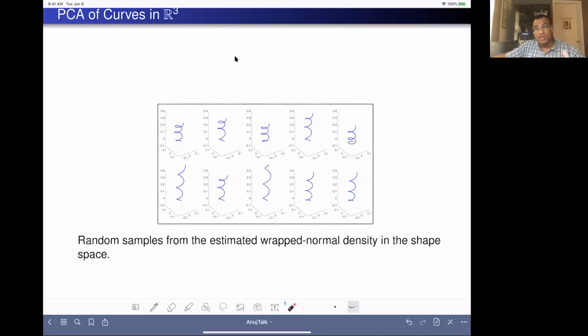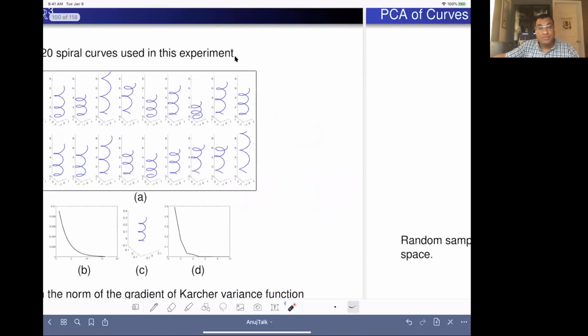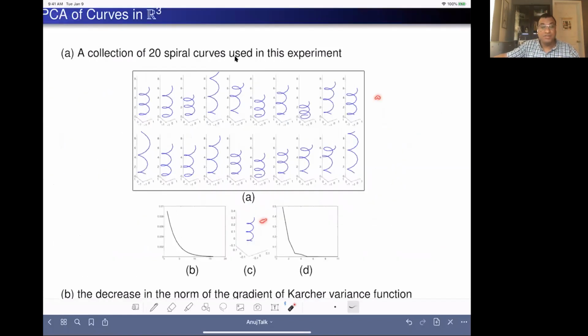I can traverse all the way back my path, and I can actually look at these random shapes. And you can see these shapes are quite realistic. These are random. I started from these 20 shapes. I computed the mean, I computed the covariance, I computed principal directions, I computed singular values.